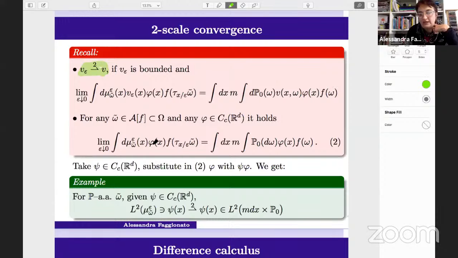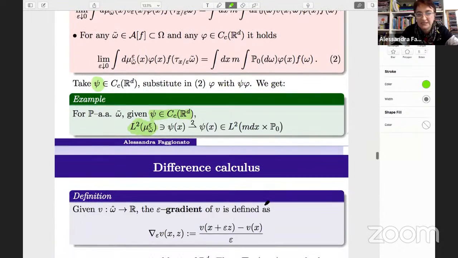And then you see that if you take the statement of the two-scale ergodicity, so fix a psi which is continuous with compact support, and replace in the statement of two-scale ergodicity the test function phi by psi times phi, then you get the following basic example: for almost all environments omega, given a function psi continuous with compact support in R^d, we have that psi thought in this L2 space two-scale converges to psi, but now thought in the space L2 of m dx times P0. Okay, so it is a very basic example.